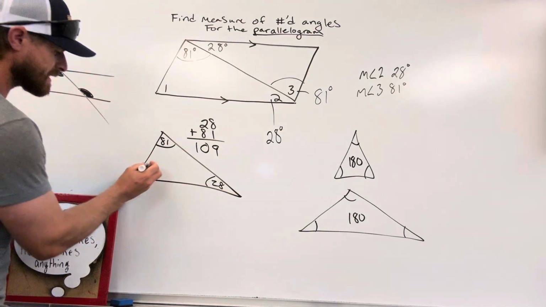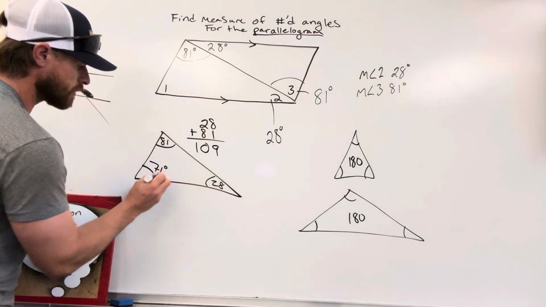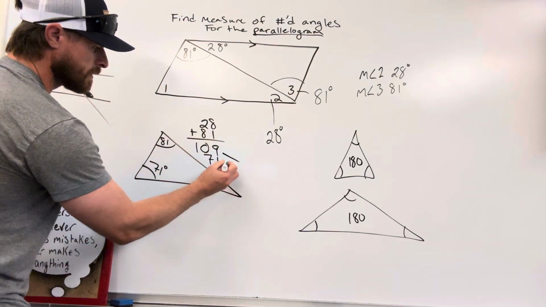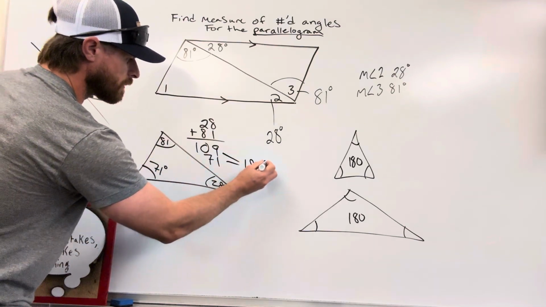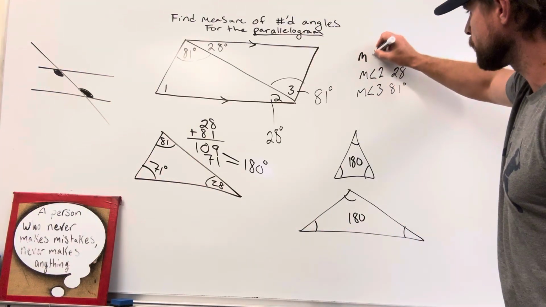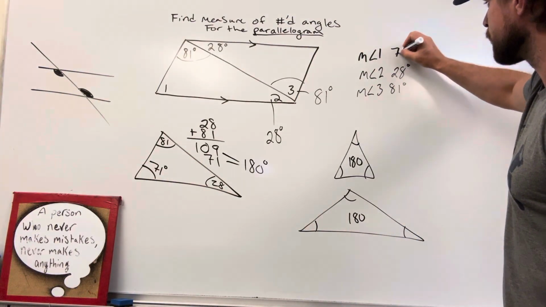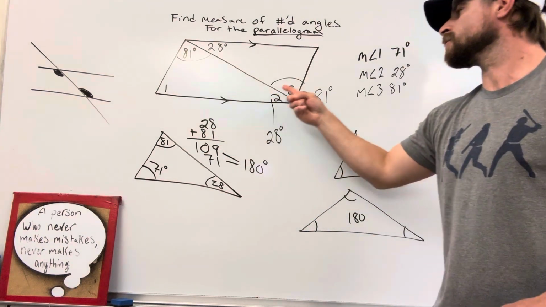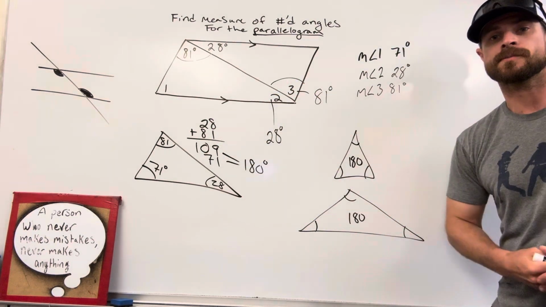So that's going to be 71 degrees, because 71 added to 109 hits me with that number I've been looking for of 180 degrees for my total. So we're going to go over, say measure of angle 1, and we can say that that one's 71 degrees. And now we've answered all 3, 1, 2, and 3 angle measures being asked in this problem.